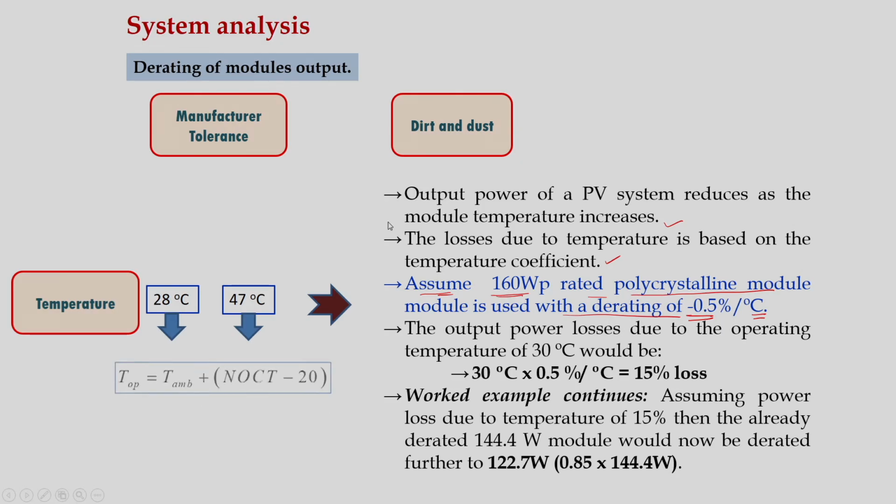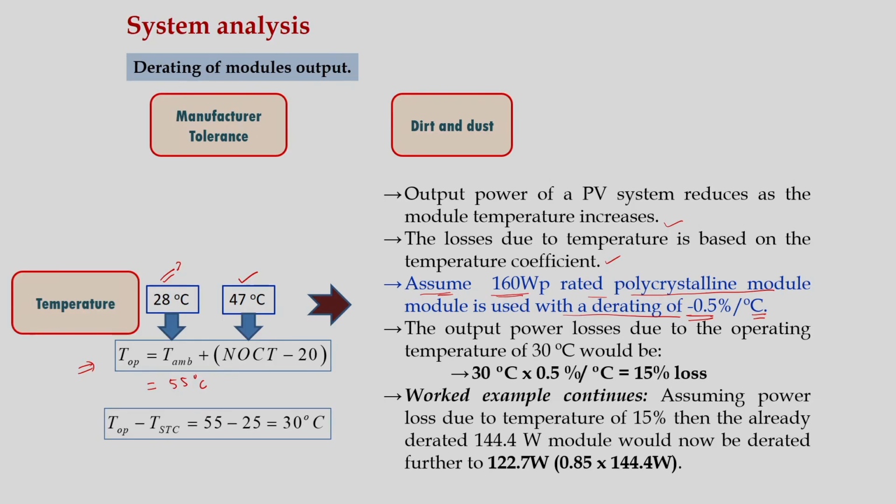Say the ambient temperature is 28 degrees C where the modules or panels are installed, and NOCT for that module is 47 degree C. By using this expression we can calculate the operating temperature. If we substitute these values, 47 minus 20 becomes 27, plus 28 becomes 55 degree C.